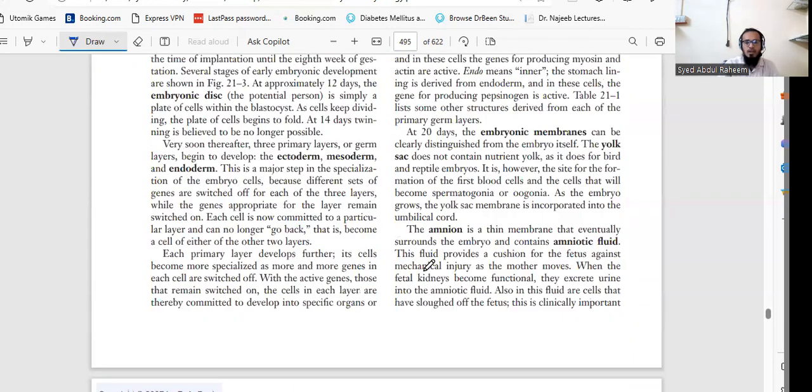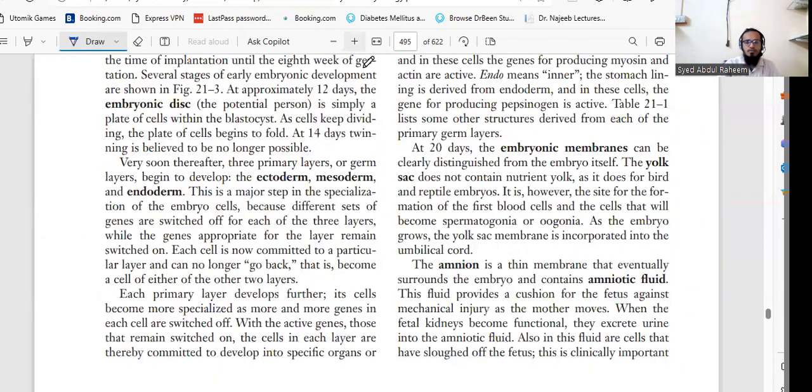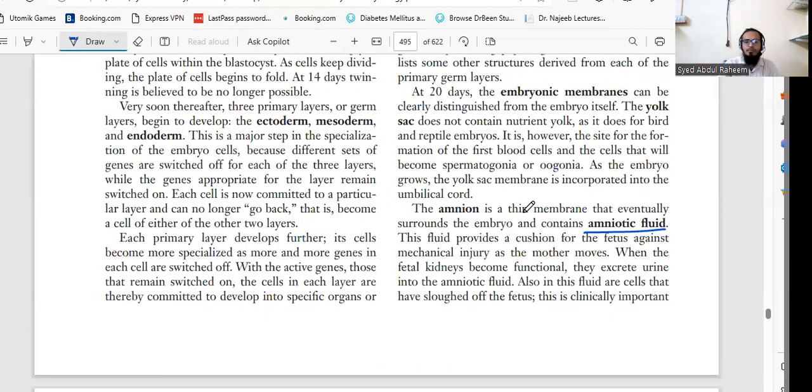One thing I will tell is the amniotic fluid. The amnion is a thin membrane that eventually surrounds the embryo and contains amniotic fluid. Without fluid there would be friction, so we need fluid. If there is an injury, or when you excrete urine or are sleeping, friction of surfaces will happen.